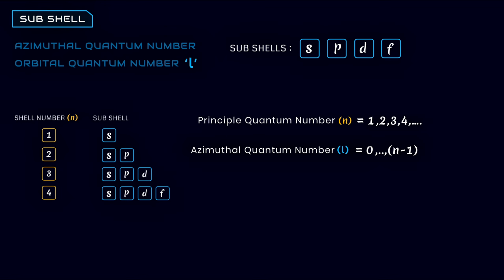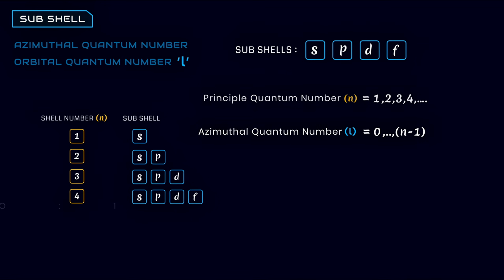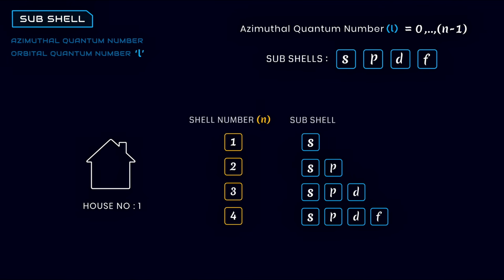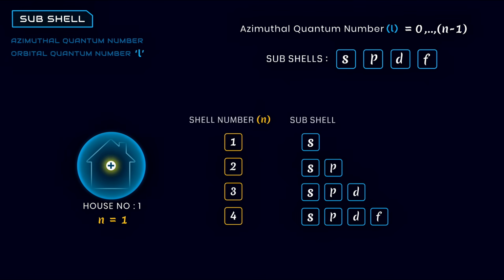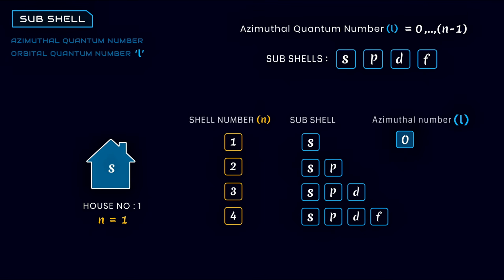To make this easier to understand, consider the house analogy again. The house number is the shell number, and each house has floors. House number 1, n is equal to 1, is very small, so it has only one floor, which is an S subshell. So for the first shell, L value is 0.